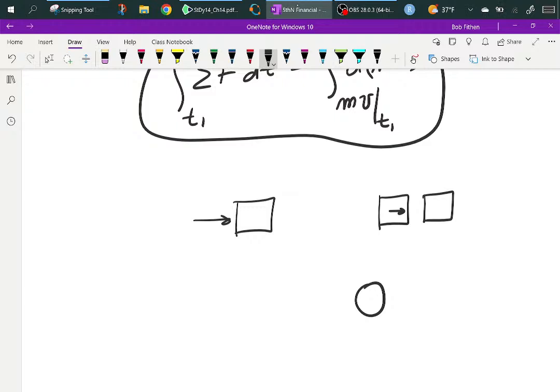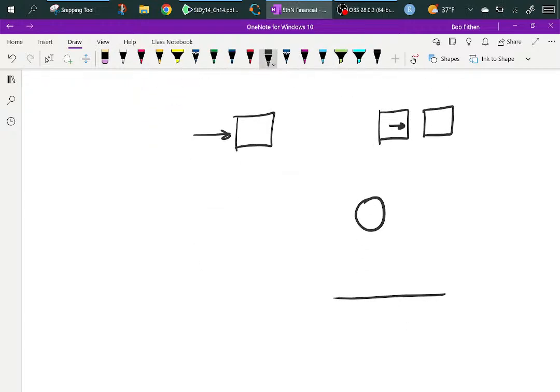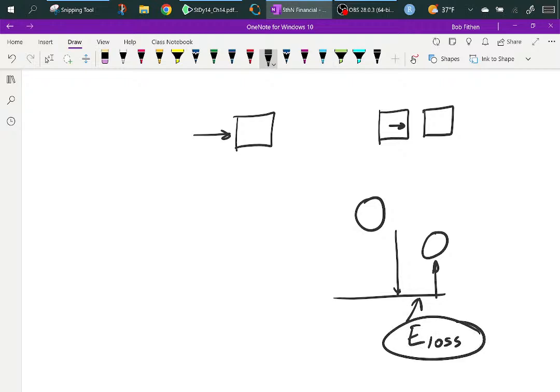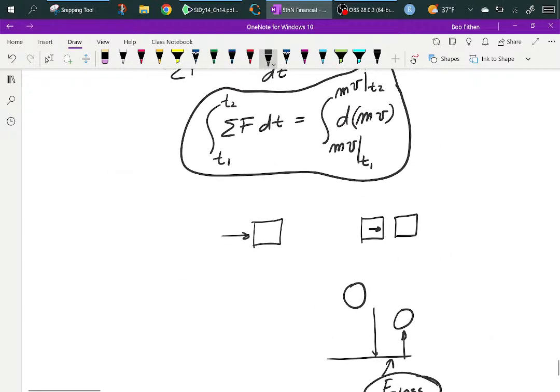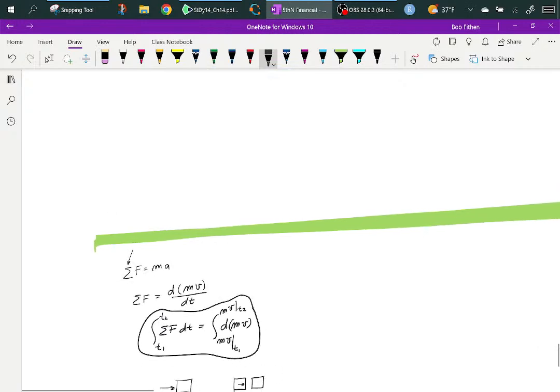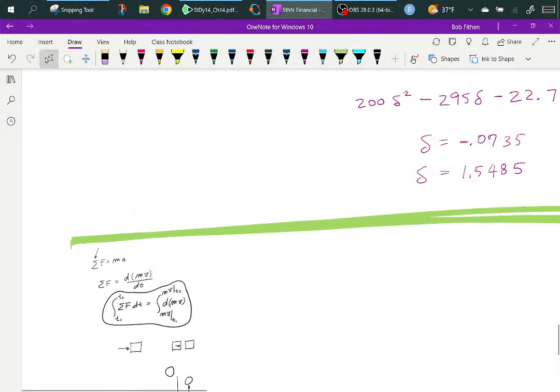Then we'll deal with, you drop a ball, it's dropped from this height, and it only returns up to here. So you lost energy here. And then we'll deal with that. And that's pretty much it. So there's only a few things in there. So that's all I got.